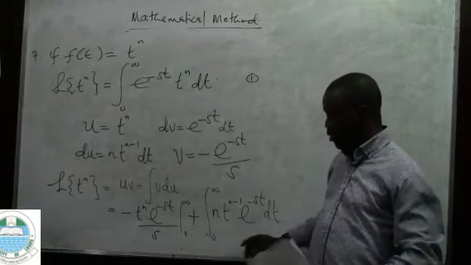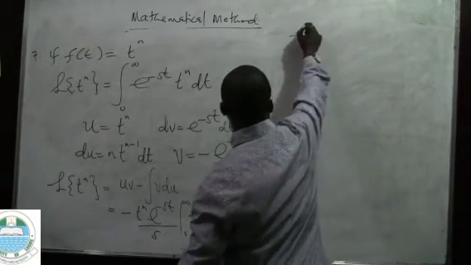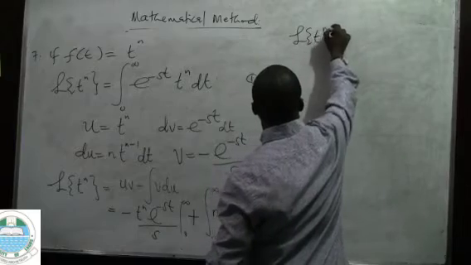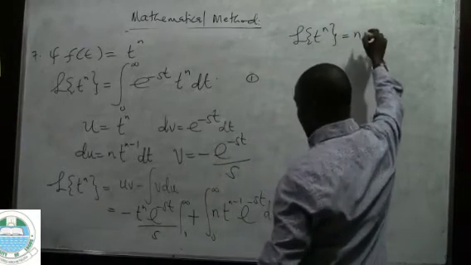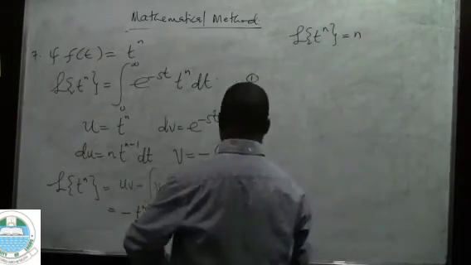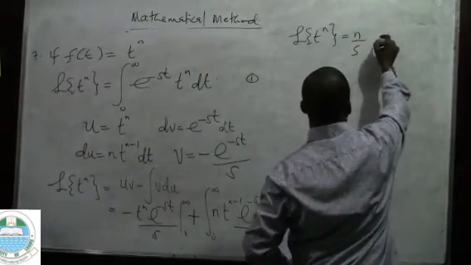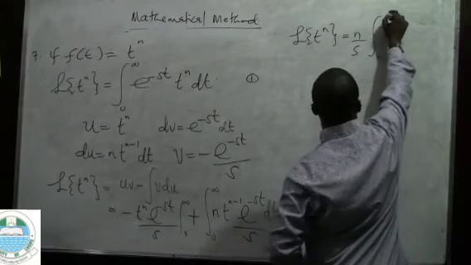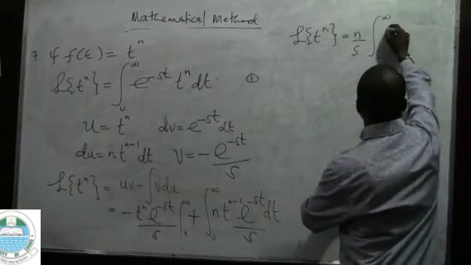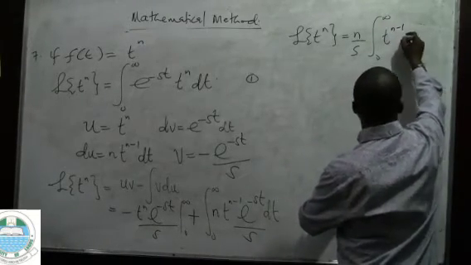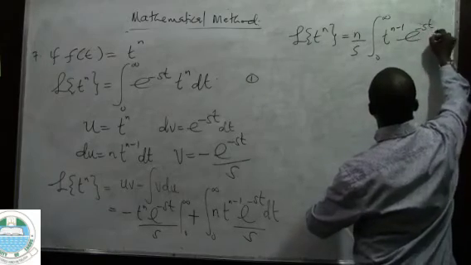We are left with the second integral, so that the Laplace transform of t raised to power n gives n divided by s, the integral from 0 to infinity of t raised to power n minus 1 exponential minus st dt.